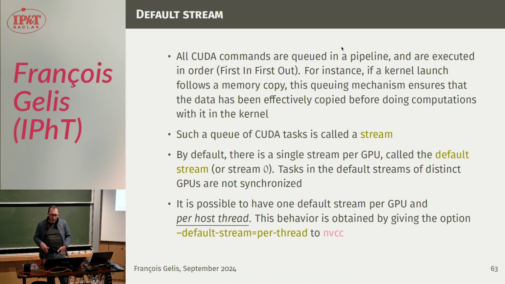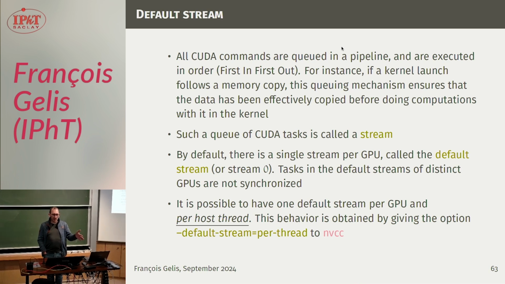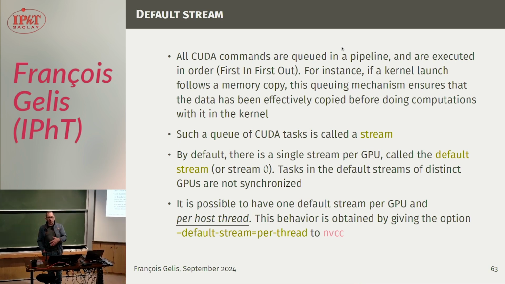So for instance, if you create 4 threads on the host by using OpenMP, there are certain problems where it's a good thing to have one CUDA queue or one CUDA stream for each of these threads on the host.